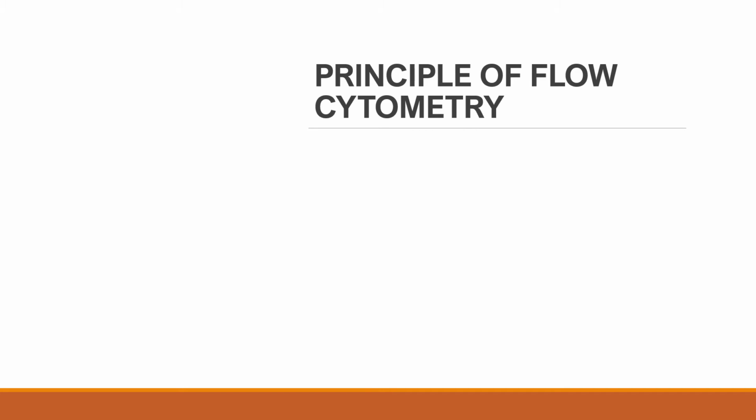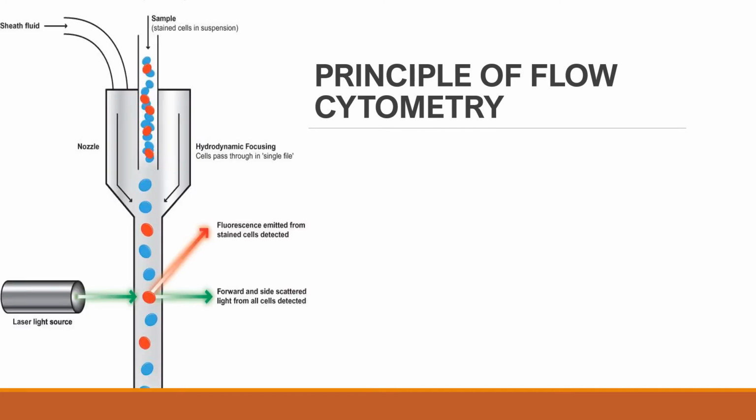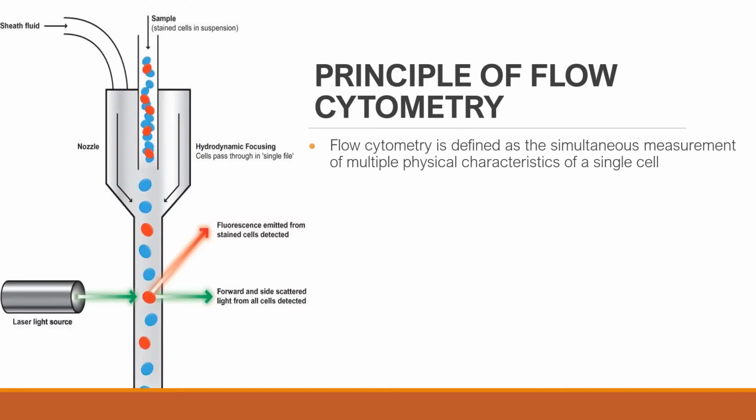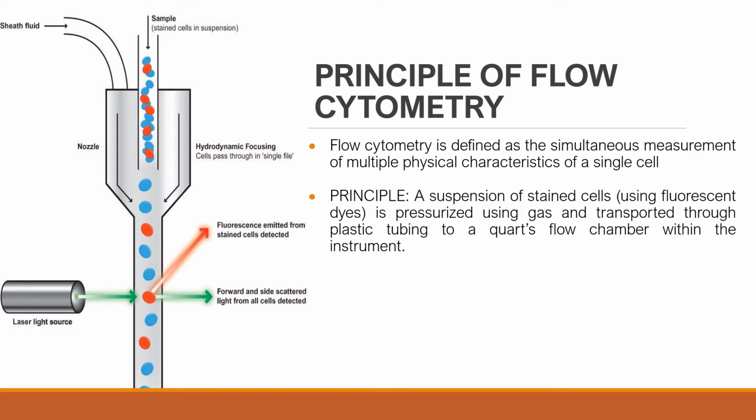Now we go to the principle of flow cytometry. Flow cytometry is defined as the simultaneous measurement of multiple physical characteristics of a single cell as the cell flows in suspension through a measuring device. Now, what is this principle all about? A suspension of cells stained using fluorescent dyes is pressurized using gas and transported through plastic tubing to a quartz flow chamber within the instrument.